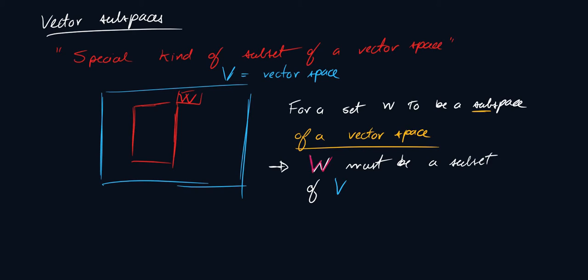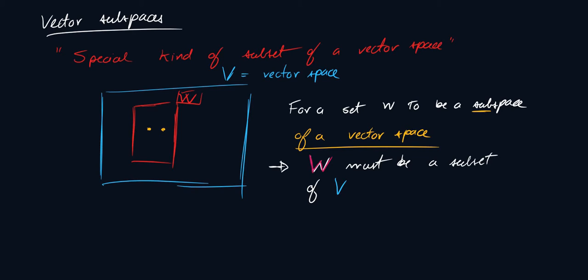The idea behind vector subspaces is that if something belongs to my subspace, I want it to have certain properties. I'll give you the conditions informally.